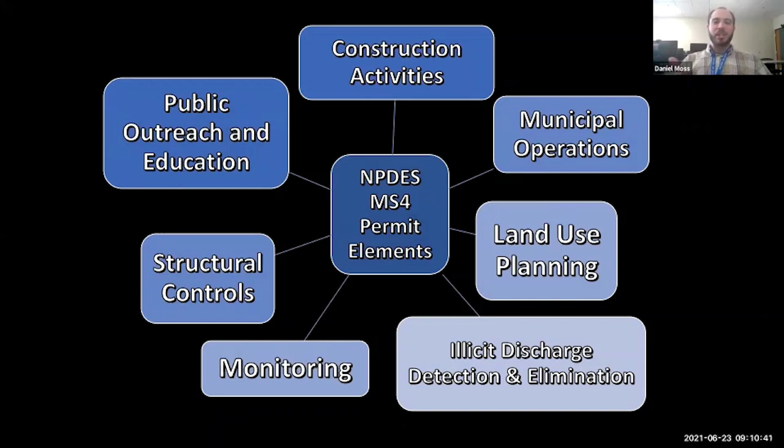We have construction activities, municipal operations, land use planning, illicit discharge detection and elimination, which I'll point out, Chris Gravenstein is our go-to guy for within the city, at least. Monitoring, so we do a lot of monitoring on the river and on tributaries to see trouble areas. Structural controls and public outreach and education.